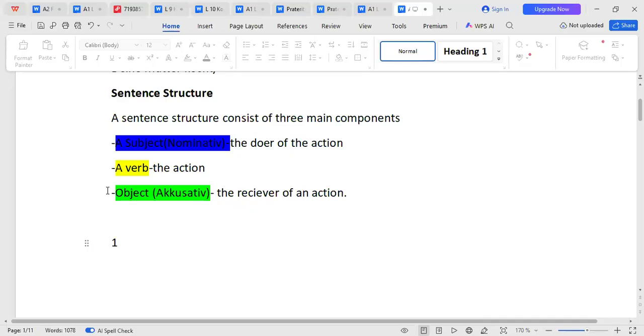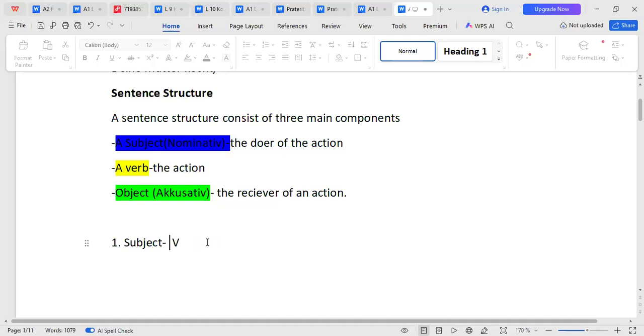Number one sentence structure is the normal one: subject, verb, and object. Sorry, it took me a while. It is subject, verb, and object.